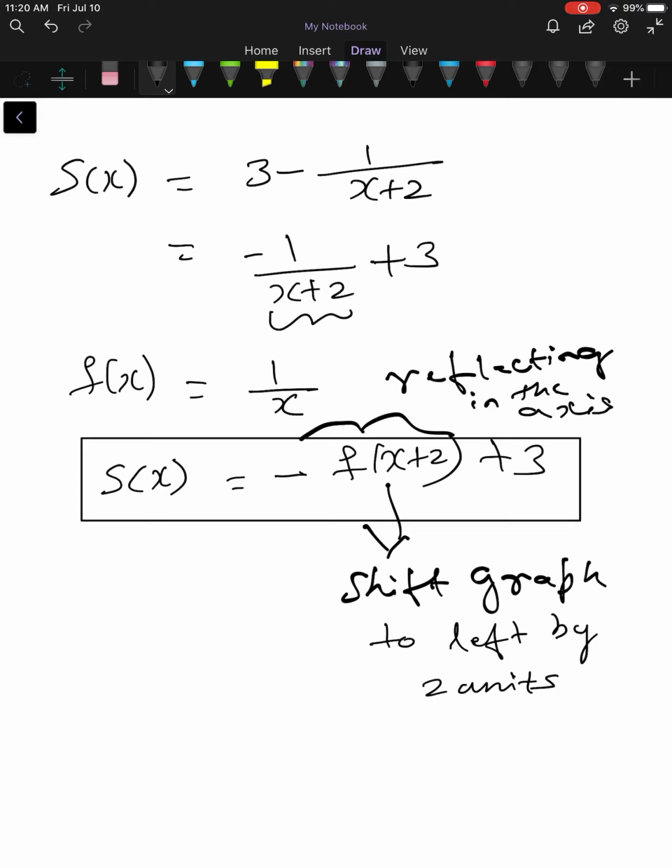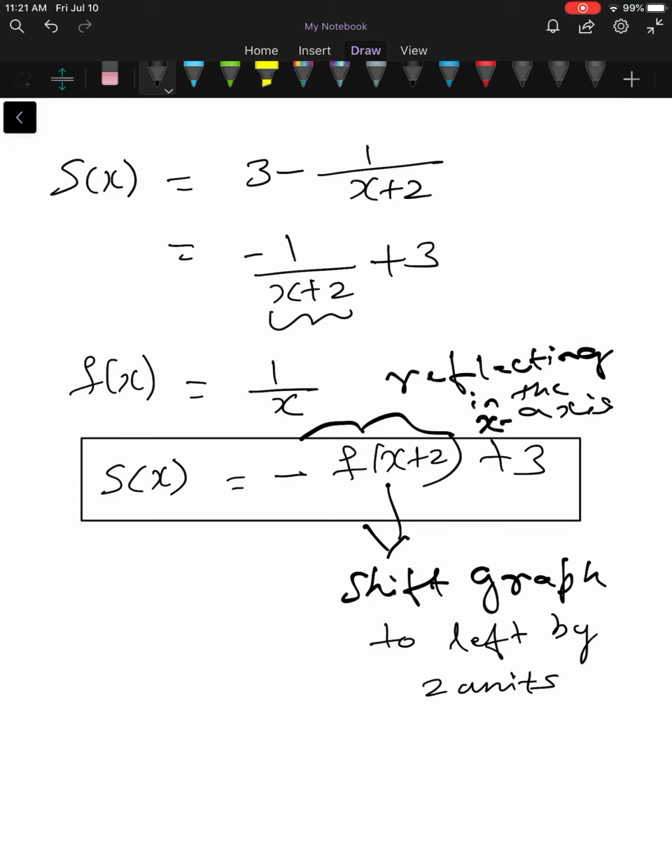So the whole transformation is a combination of shifting the graph to the left by 2 units, reflecting in the x-axis, and shifting the graph upwards by 3 units. So the combination of all the transformations on 1 over x is nothing but s of x.